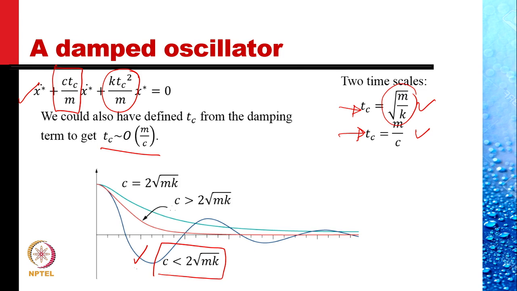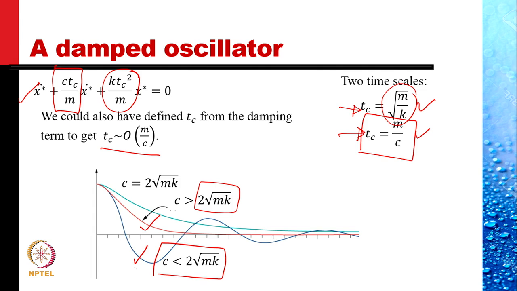But when this time is less, that is when c is greater than 2 under root mk, then the red line represents the solution. It is no longer oscillating.